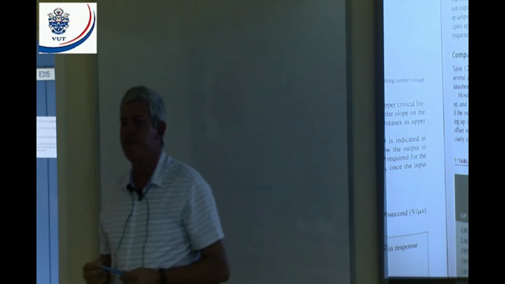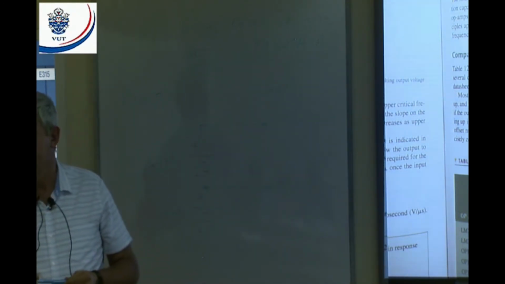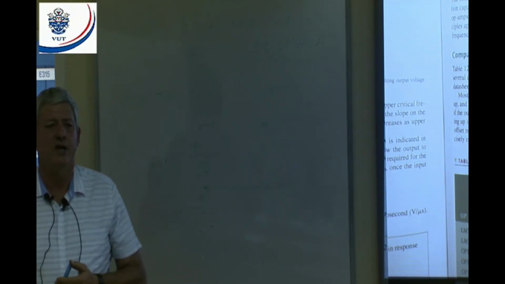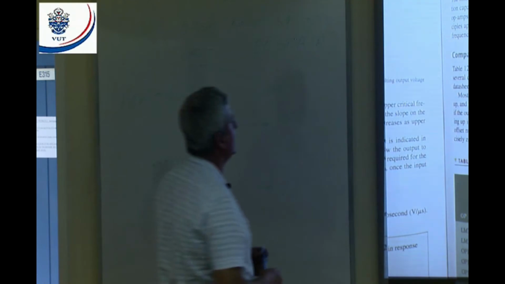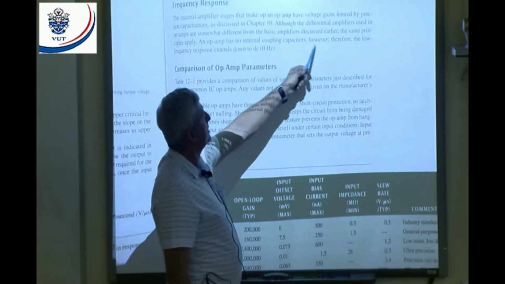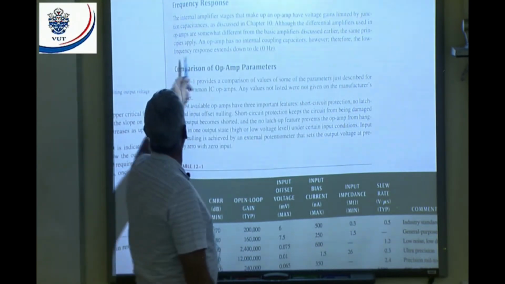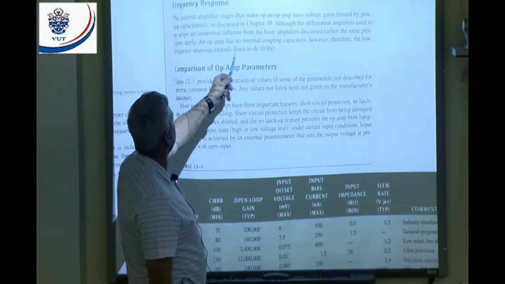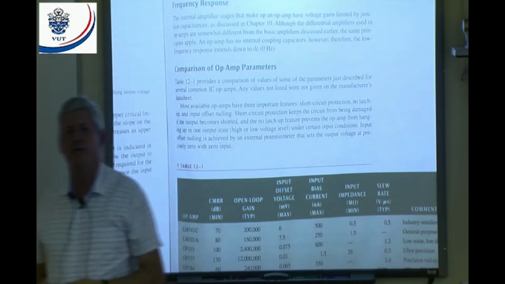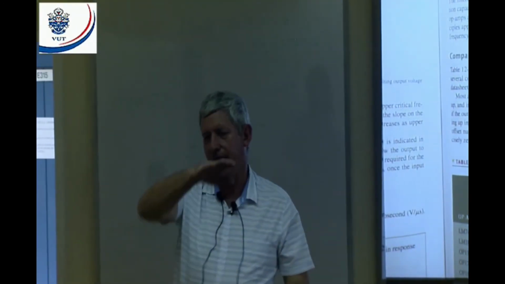Can an op-amp amplify low frequencies? All right. Because there are no coupling capacitors, it can. An op-amp has no internal coupling capacitors, therefore the low frequency response extends down to DC, 0 hertz. That means DC doesn't have any frequency. It's a straight line.